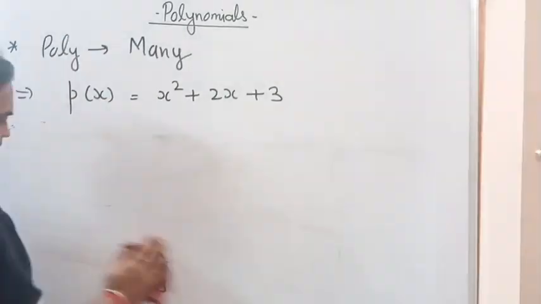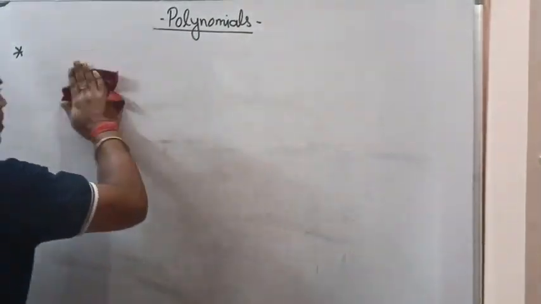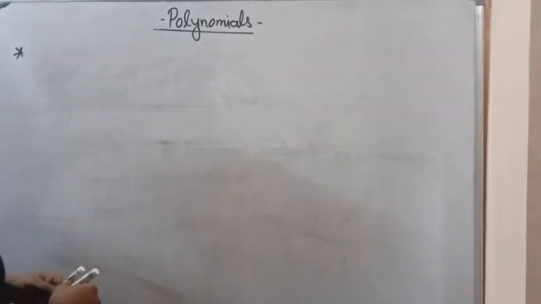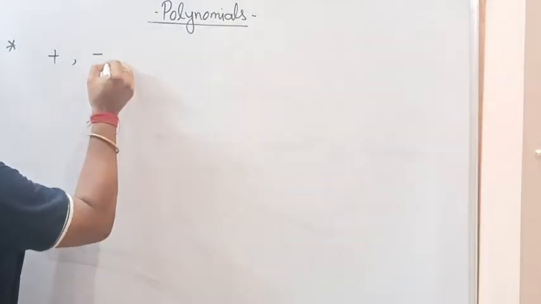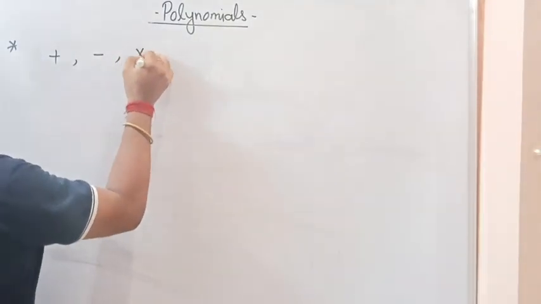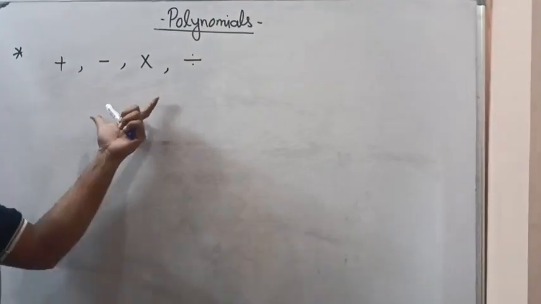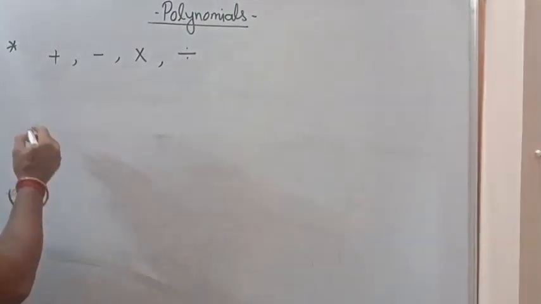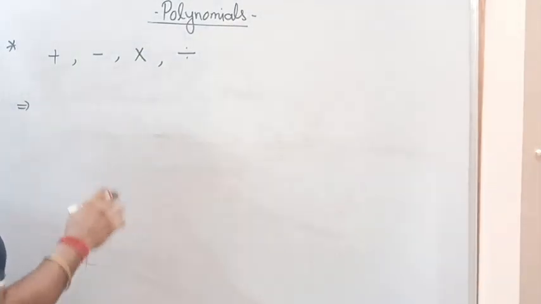Next thing is operators, algebraic operators. In mathematics, the addition sign, subtraction sign, multiplication sign and division sign are called mathematical operators. Any equation which is connected with these operators forms a polynomial.